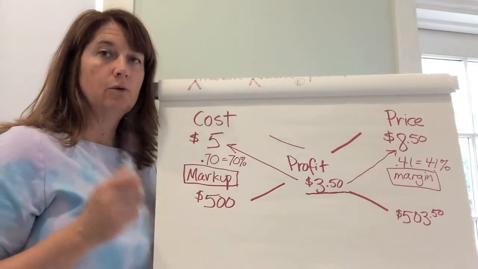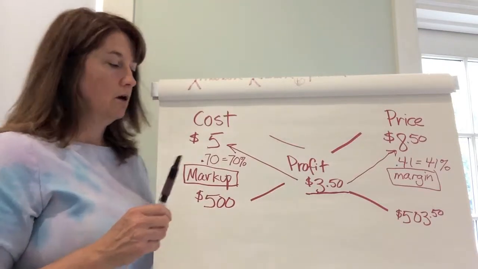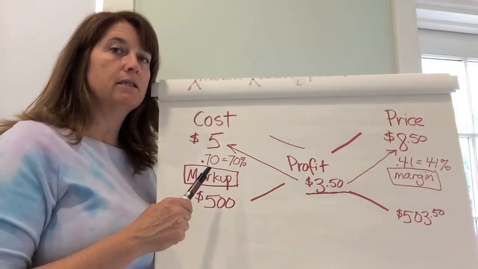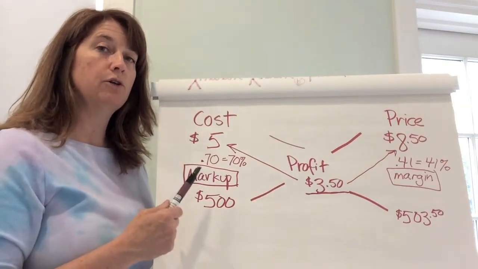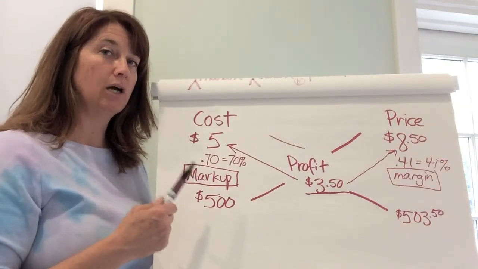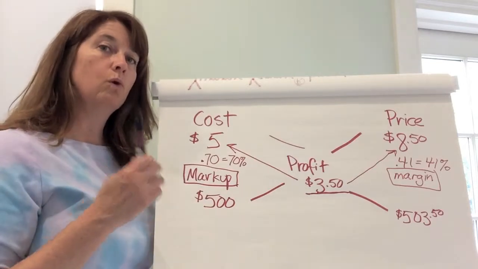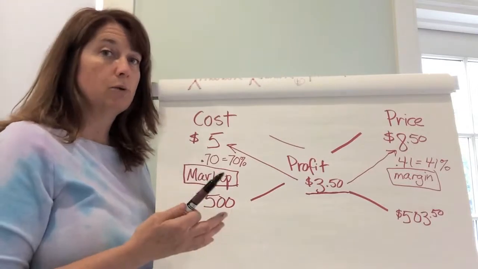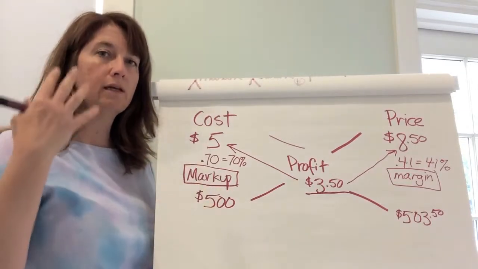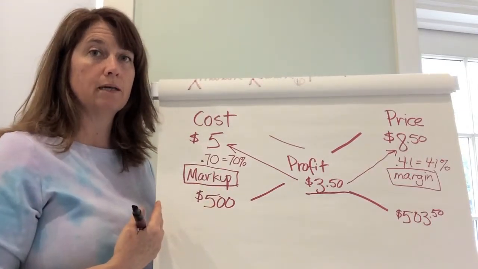If you think you are running your business on a 70% margin, and you're really running your business at a 70% markup, that is a world of difference in your profit. One or the other isn't necessarily right or wrong, but you'll be confused in calculating your pricing.